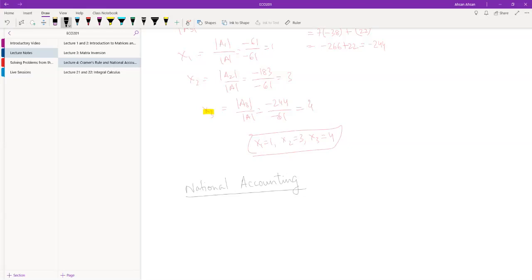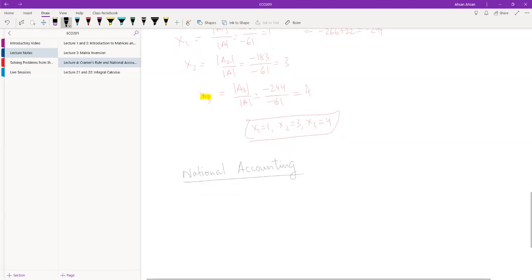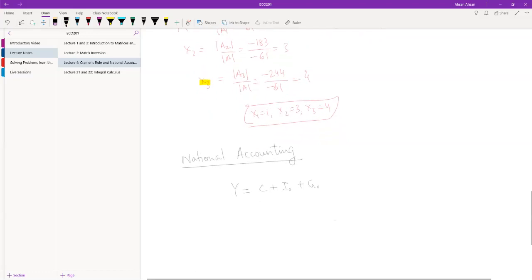And we're going to do something called national accounting, which if you have done Eco 102, you will be very familiar with. If you haven't done Eco 101, you wouldn't really know what that is. So let me write down three formulas, or not even formulas, three relationships: Y equals C plus I naught plus G naught. C is equal to A plus B times (Y minus T).